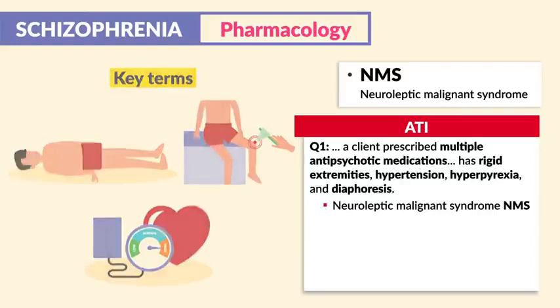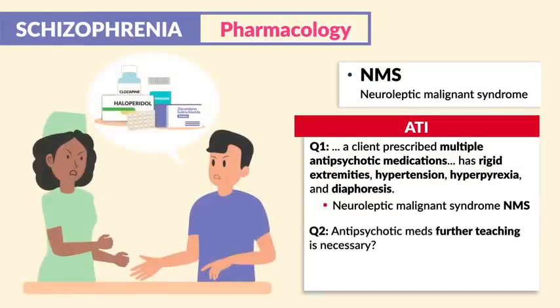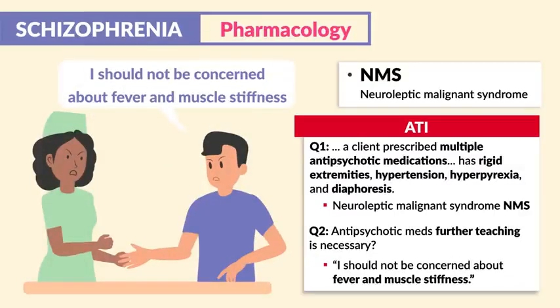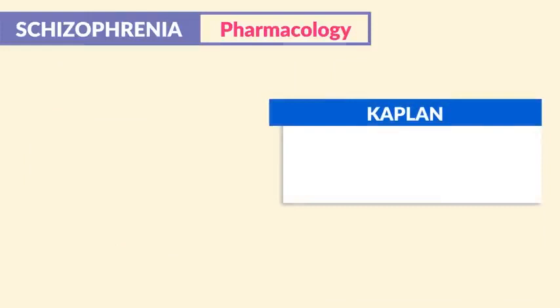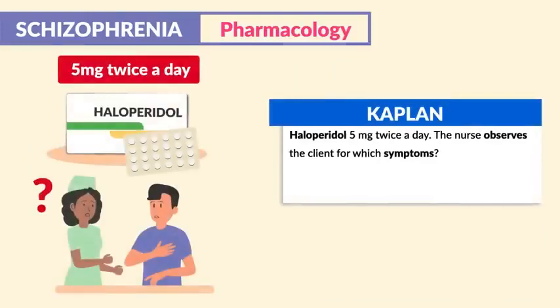And another question: antipsychotic medications, further teaching is necessary. I should not be concerned about a fever or muscle stiffness. No, you should definitely be concerned on antipsychotics. Now, Kaplan mentions haloperidol 5 milligrams twice a day. The nurse observes the client for which symptoms?